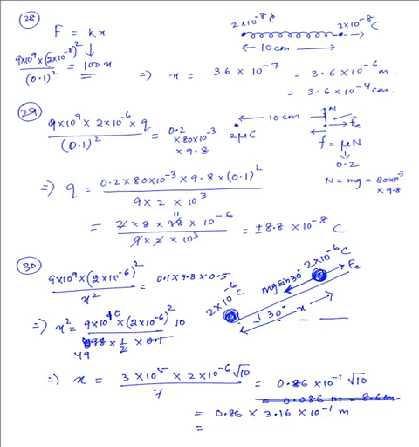So 0.86 times 16 is roughly, well, 86 times 16 is 860 plus 86 times 6 is 516, I guess. 516 and 860 is 1376.